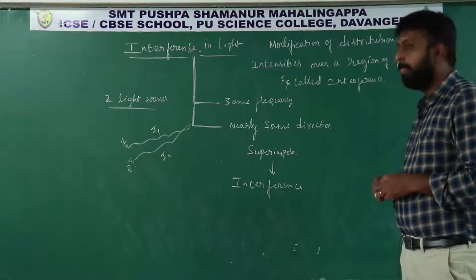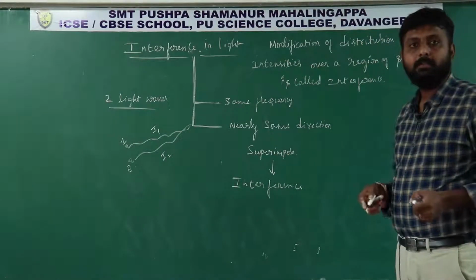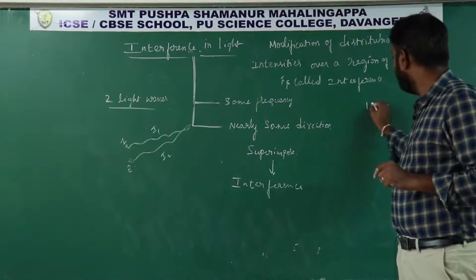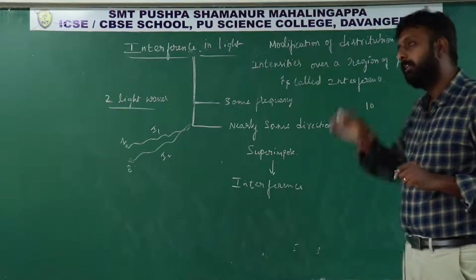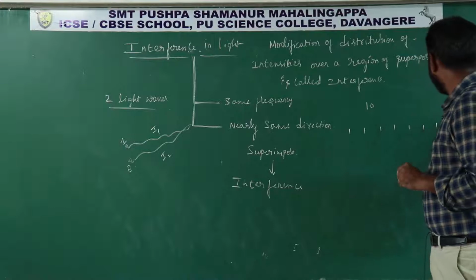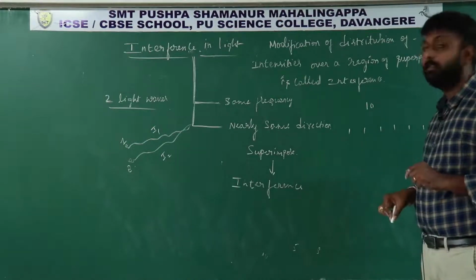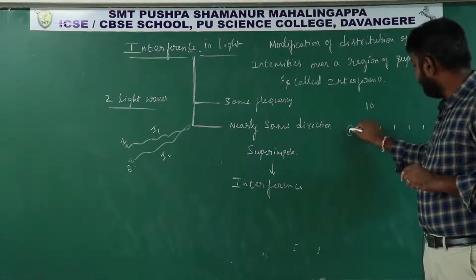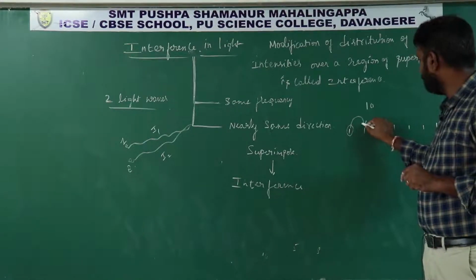For example, there are 10 students, each one having 1 rupee. So the total amount is 10 rupees, isn't it? Then what I will do is collect 1 rupee from this student and give it to the next student.